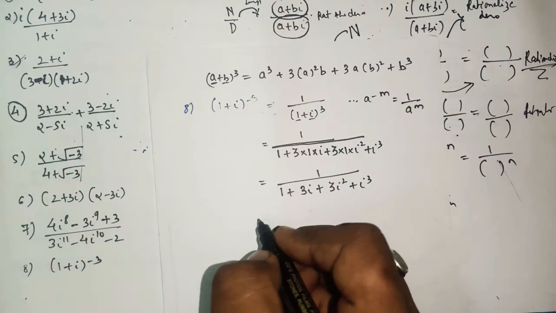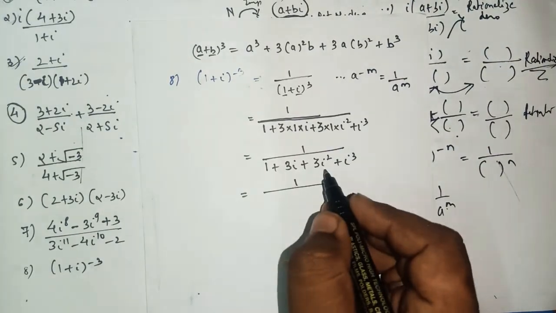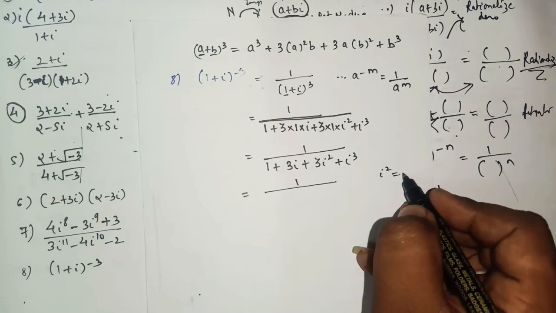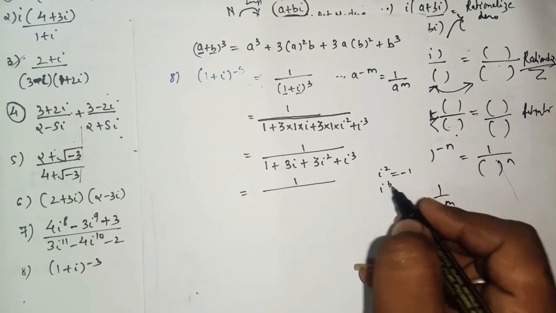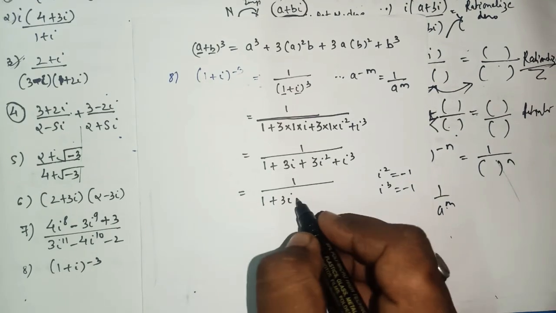Okay, so now we know what exactly we have to do whenever we come across a power that is more than 1. We know that i square is minus 1, and i cube is minus i. Replace the value, so 1 upon 1 plus 3i plus 3.